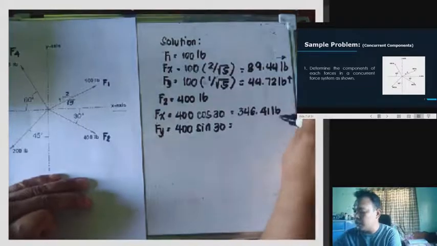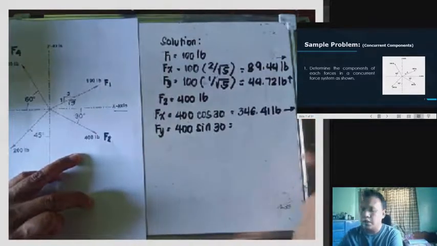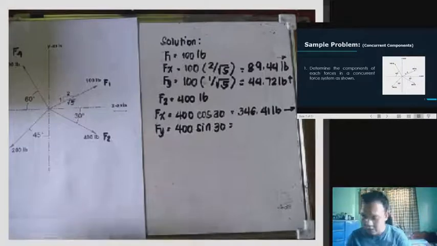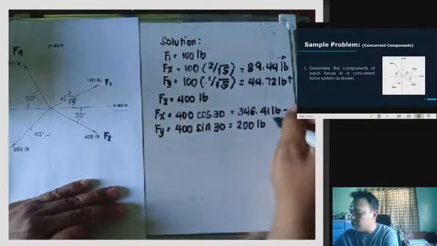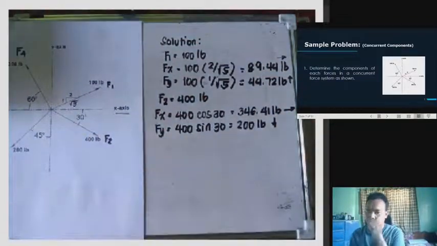So, our Fx for F2 is going to the right. Then we have here 400 sine 30, which is equivalent to 200 pounds. The direction will be downward. No? So, it's going down. Okay?